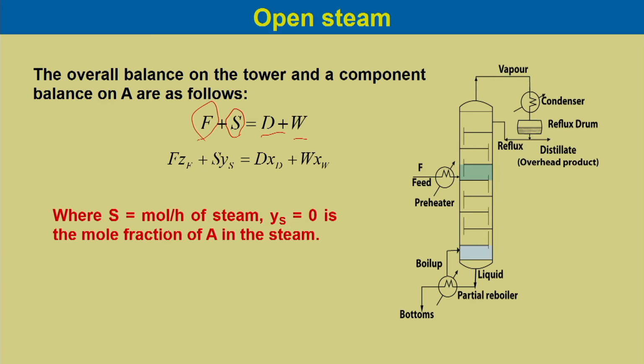Here S is the moles per hour of steam, and generally no solute is present in the steam. So, we consider YS equal to 0, where YS is the mole fraction of A in the steam.